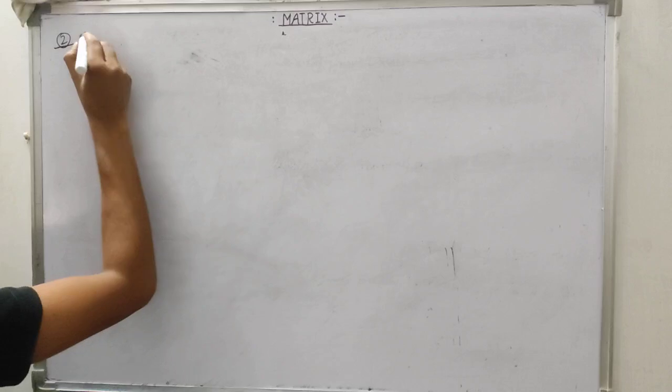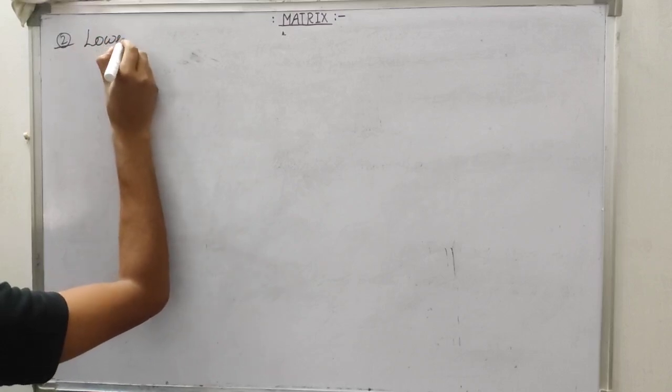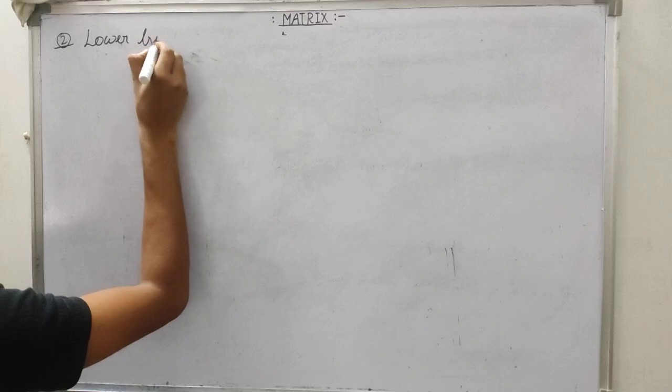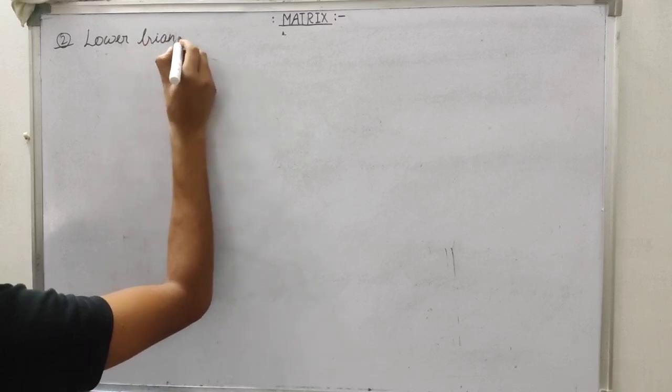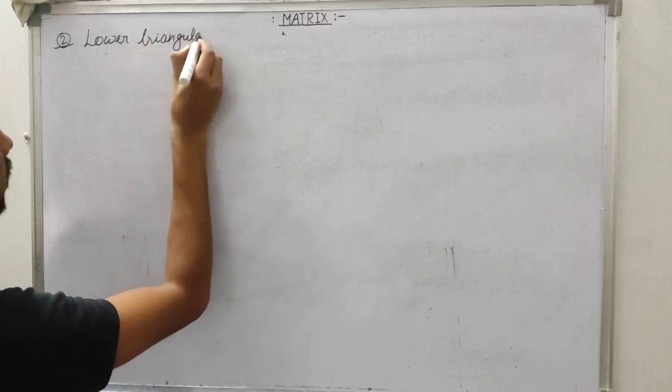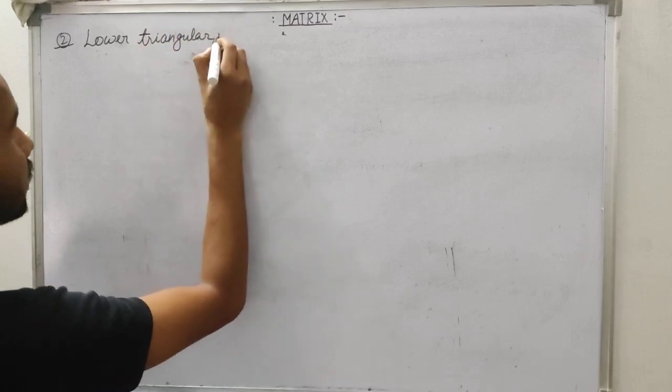Second type of square matrix, that is lower triangular matrix.